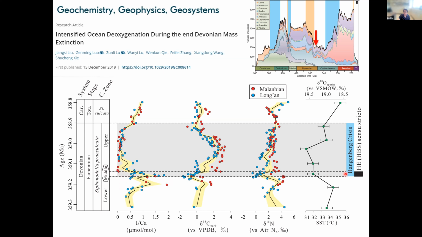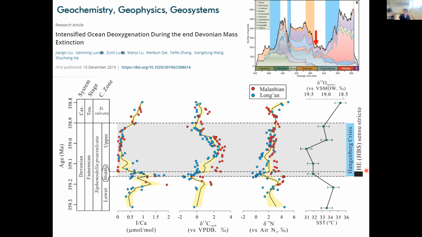In this particular case, about the Hangenberg, what I liked about this iodine record is that iodine stayed fairly low for a relatively extended period of time. And if you look at the fossil record, the Hangenberg is a fairly stretched crisis in terms of the time interval.